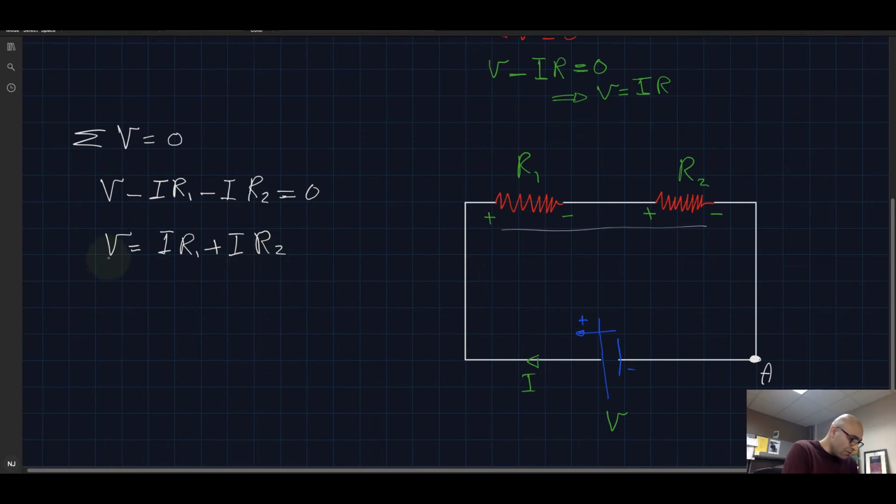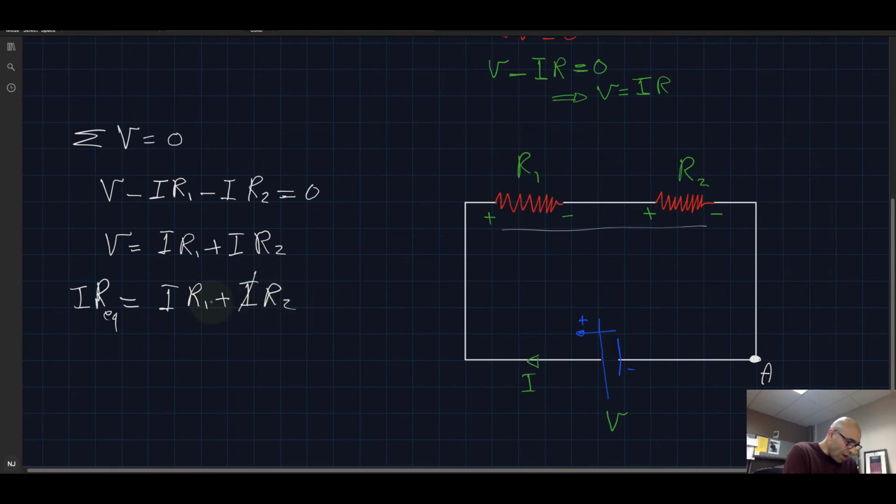But this V is the voltage of the battery. So it has the current I and the resistance of the whole circuit. So we can call this I times the resistance of the whole circuit. They call it R equivalent. And that should be equal to IR1 plus IR2.